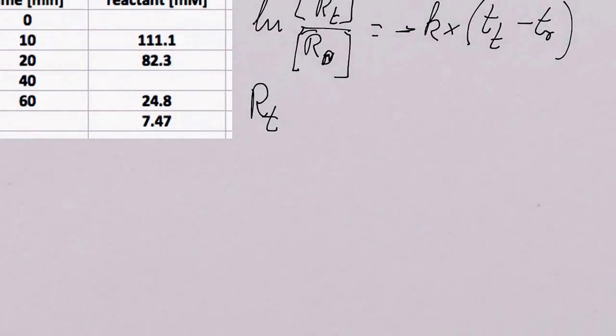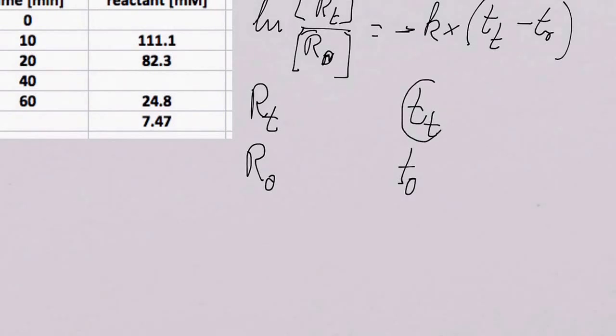So, for example, you can say, I have an RT when I observe it, which corresponds with the time t. And I've also got an R0, which corresponds with the time 0. Now, what can I use for that?